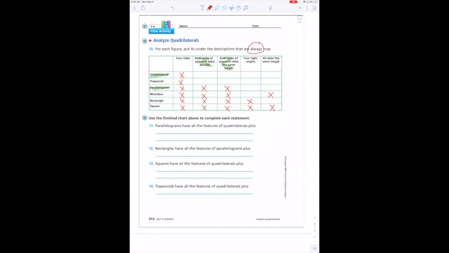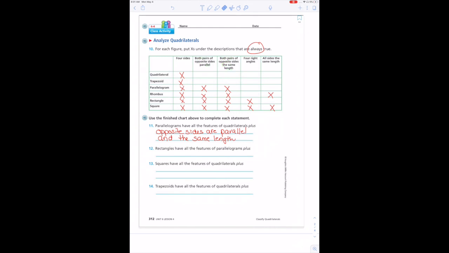So we're going to come down here and say opposite sides are parallel and the same length. Because not all sides, but the opposite sides, are the same length. In order for them to be parallel, they have to be the same length, okay? So that takes care of that.